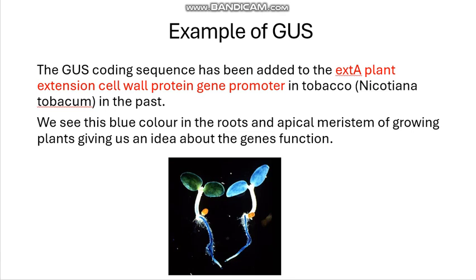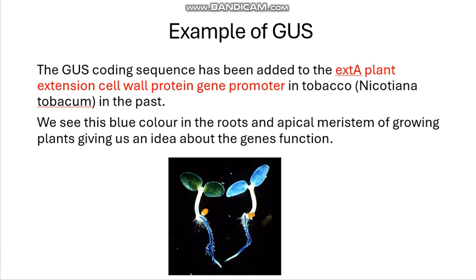And then we had a look at what parts of these fixed tobacco plants were showing the deep blue color. So this is where this extra plant extension cell wall protein gene was actually being expressed, because they're both being regulated by the same promoter, and it was found that this gene was being expressed in the plant roots and in the kind of apical meristem.